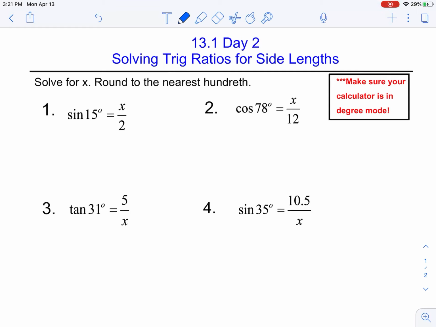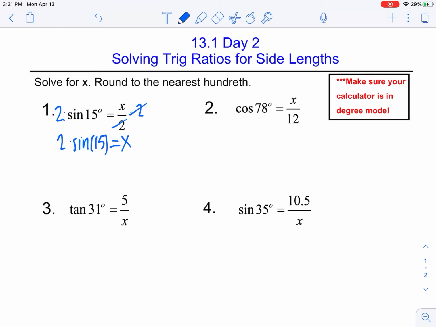So let's start off with some examples. We're going to solve for x and round to the nearest hundredth. Number 1 says sine of 15 degrees equals x over 2. If we want to get x by itself, we're going to multiply both sides by 2. So now we have 2 times the sine of 15 equals x.